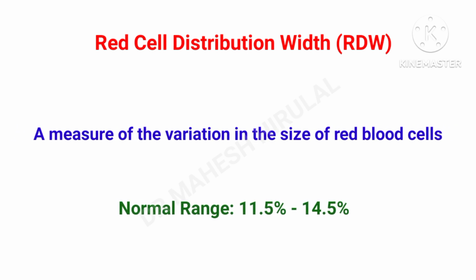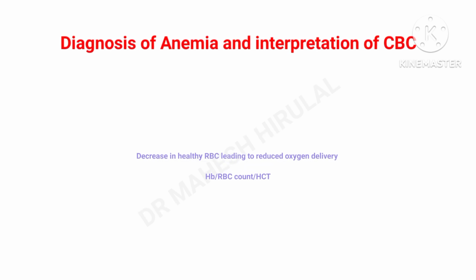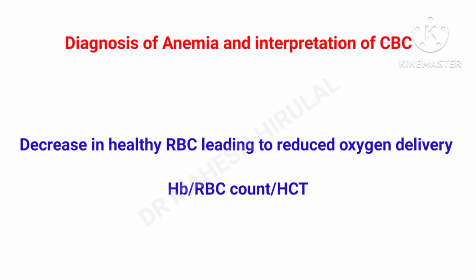The red blood cells in a population may be microcytic or macrocytic, and there may be mature and immature cells, which will be measured with the RDW. The RDW will help to diagnose mixed types of anemia. There are different versions of the definition of anemia.